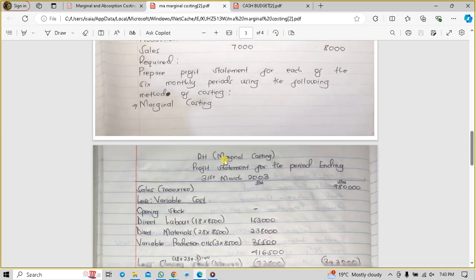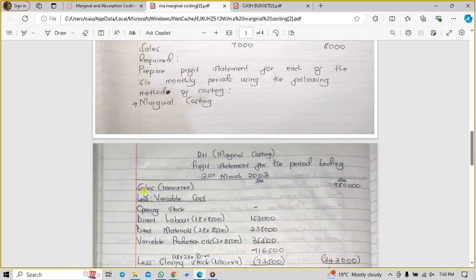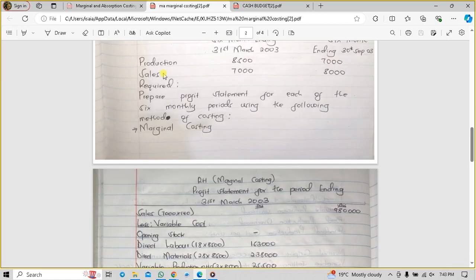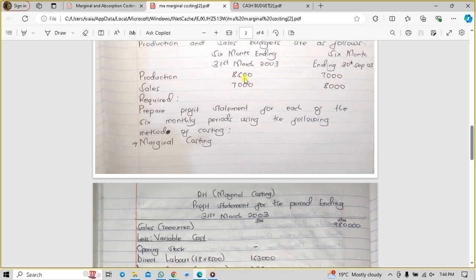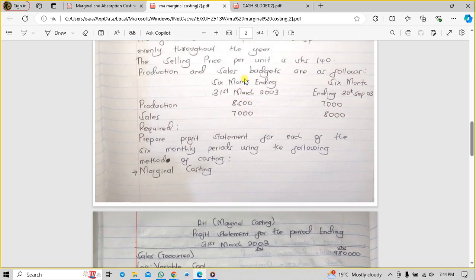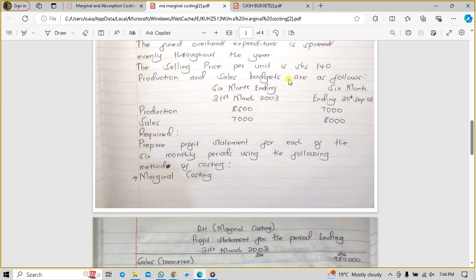So what we normally do, we start with the sales, and the sales in this case is 7,000 according to 31st March 2003. But now these are sales in form of units.